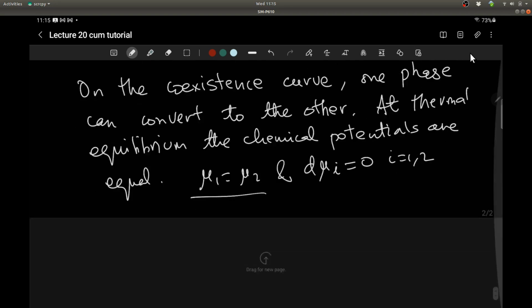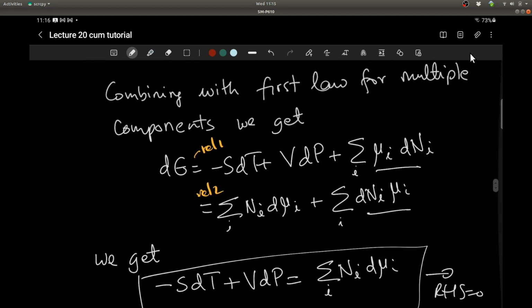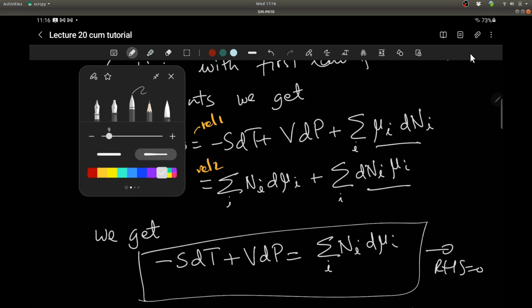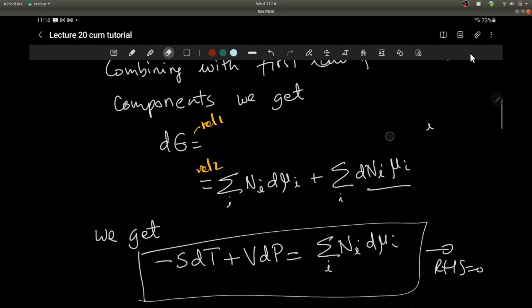Actually, I've been a little bit careless here. Sorry, I'll rewrite this equation. I should take care of all the components. So G equals the summation over i of G_i, if they are non-interacting.